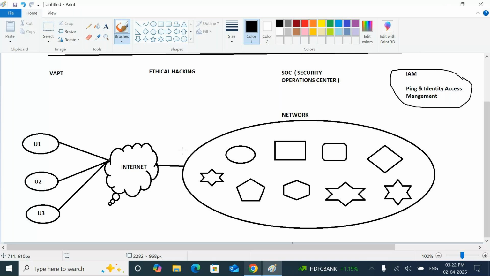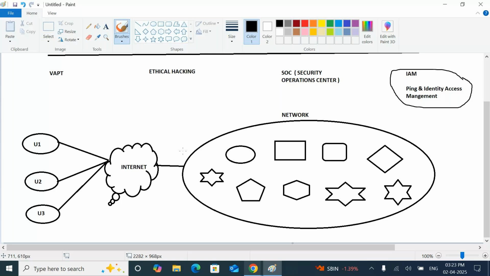For penetration testing, they will use Nmap, the OWASP framework, and also Metasploit. With these tools, they test the network, find the vulnerabilities, and report them to strengthen your network. This is the VAPT person's activity.